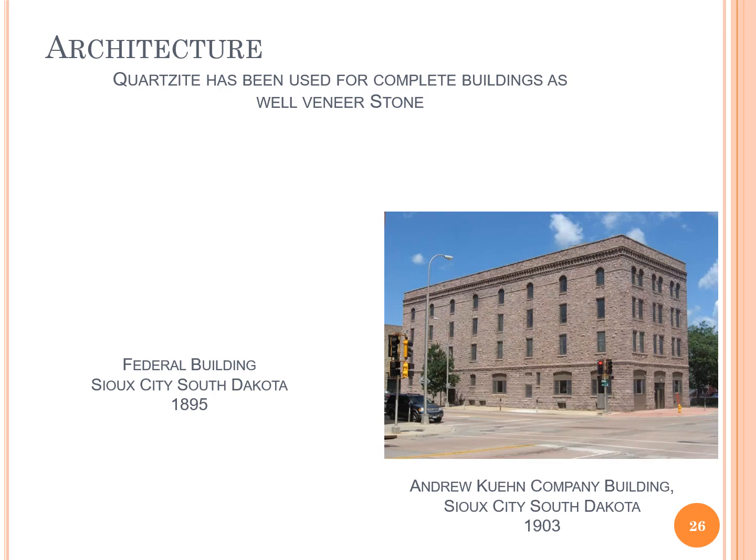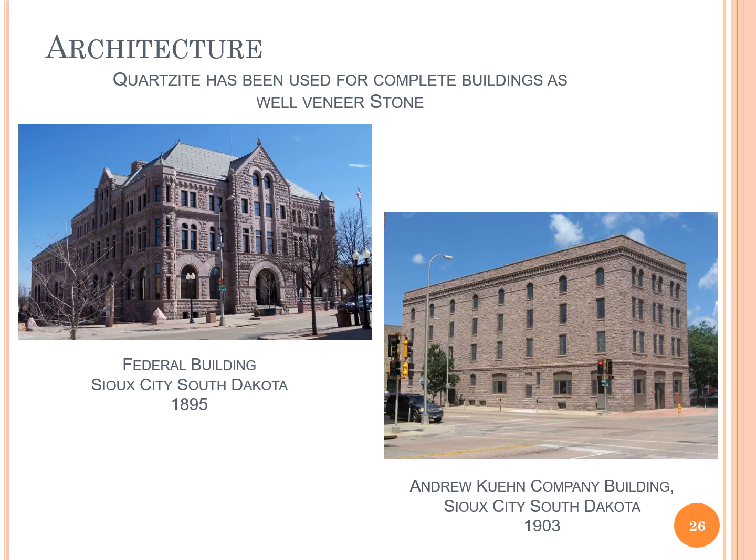Additionally, in the Midwest area, Montana quartzite was used as a key building stone and a veneer stone throughout the Midwest during the 19th century and into the 20th century. Here's a couple examples of two buildings in Sioux City, South Dakota, which I think were particularly notable.